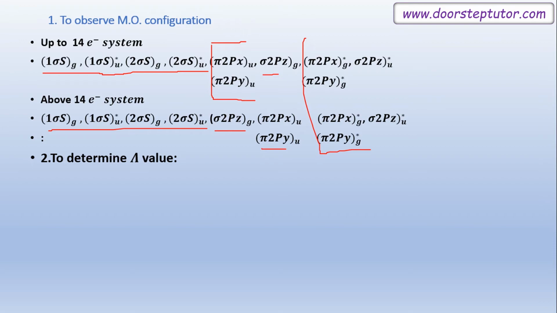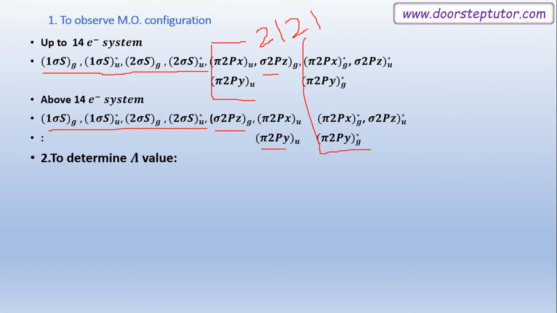Just follow the simple technique: for up to 14 electron system, after the 8th electron, just follow the 2121 rule. The 2121 rule means nothing but, for up to 14 electron system, the first two are the p orbitals, then sigma orbital, then pi star 2p orbital and then sigma star 2p orbital.